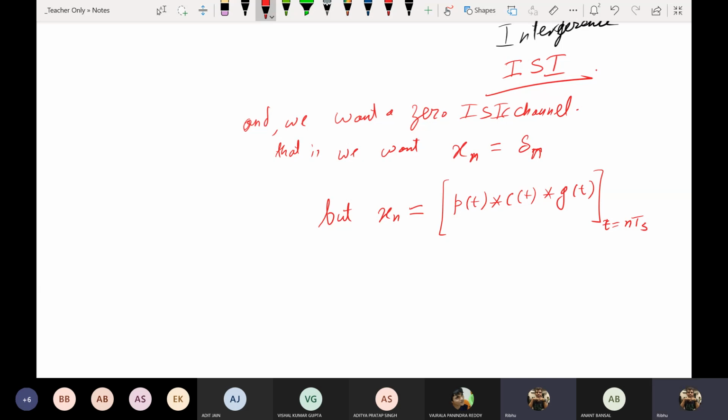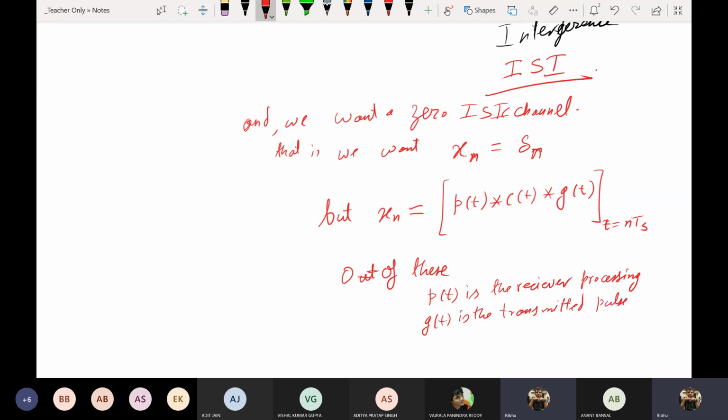Out of these, p(t) is the receiver processing, g(t) is the transmitted pulse shape, c(t) the channel impulse response. Fine.